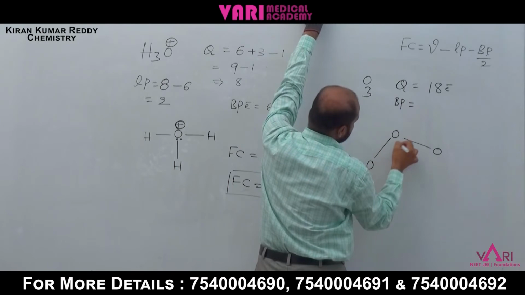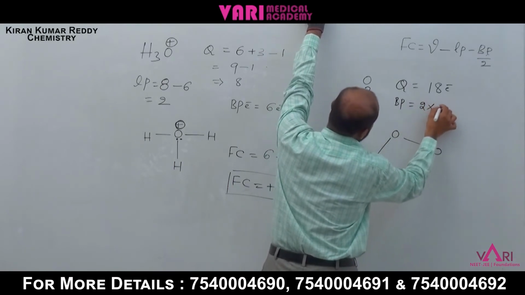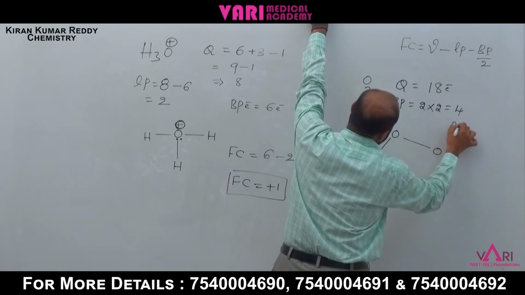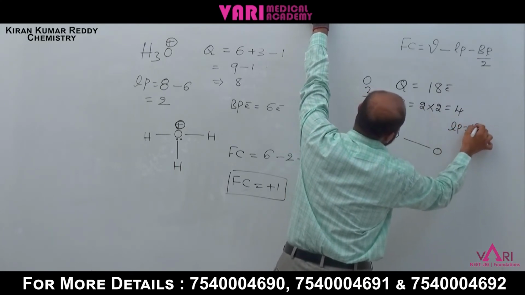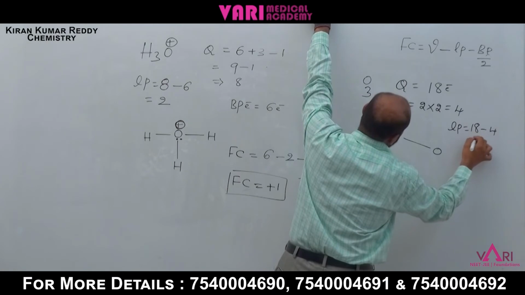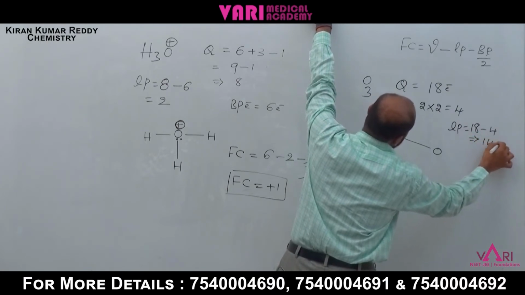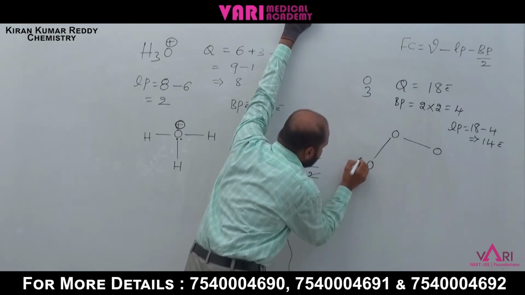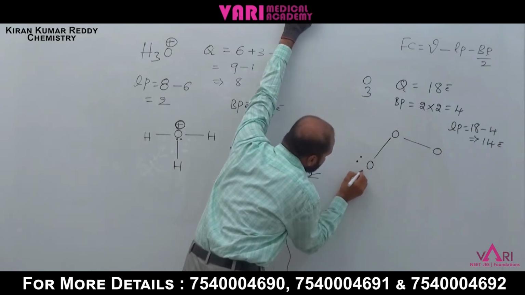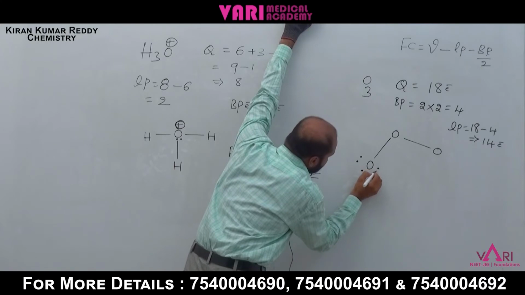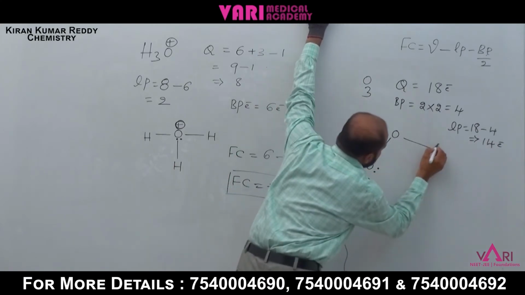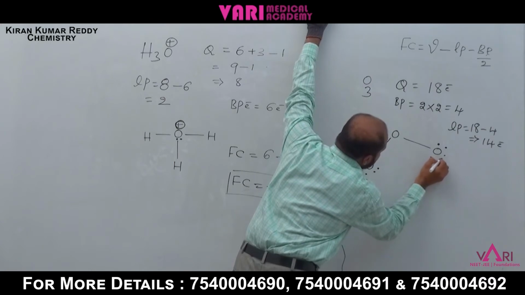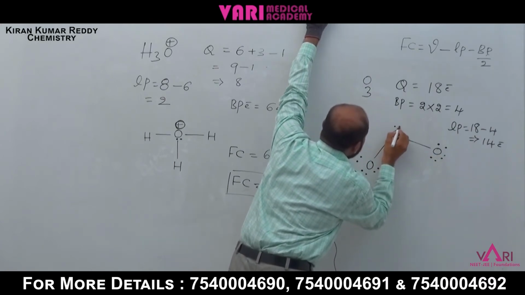Bond pair of electrons is equal to 2 into the number of bonds, 2 twos are 4. Now lone pairs of electrons is equal to 18 minus 4, which means 14 electrons. Now 14 electrons means 1, 2, 3, 4, 5, 6, 7, 8, 9, 10, 11, 12, 13, 14.